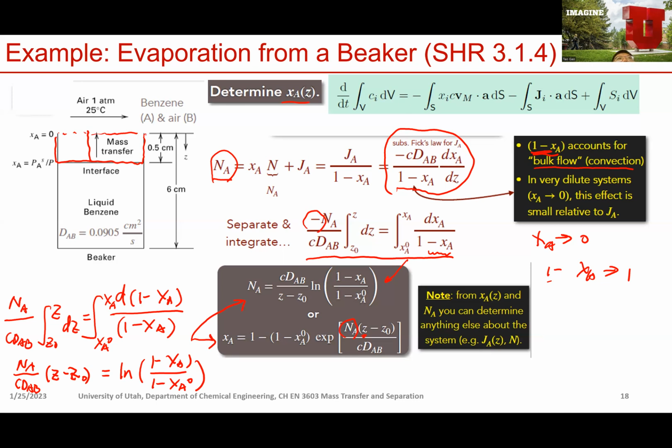This is a binary mixture. If the mole fraction of benzene, which is species A here, is very small, then its convection is negligible. So we can just use Fick's law to describe its total mole flux. Mathematically, it is manifested in this term: if it's very dilute, xa goes to 0, then 1 minus xa approximates 1.